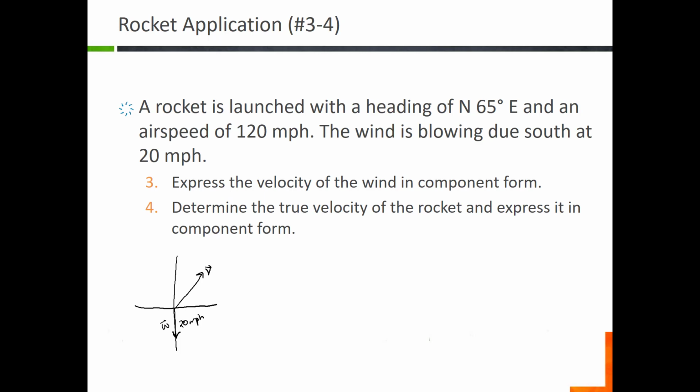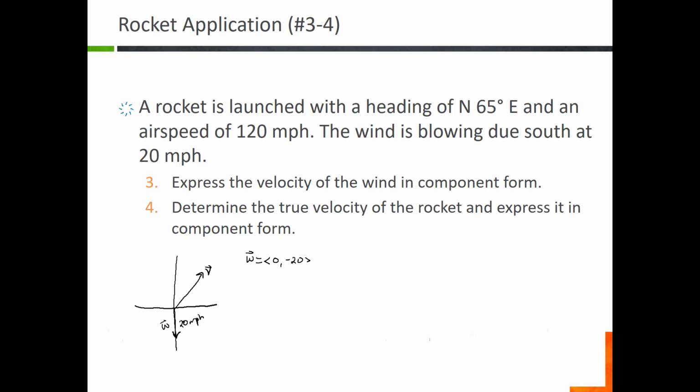Since it's due south, we don't have anything fancy to do. There's no horizontal component, so it's just 0 for x. And it's 20 miles per hour due south, which means it would be negative 20 for the y component. All right, so we now have our velocity for the wind.